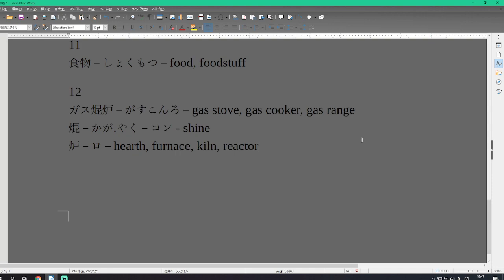A gas stove, gas cooker, or gas range cooker. Gasu konro. Fire door. Shining children before a fire.